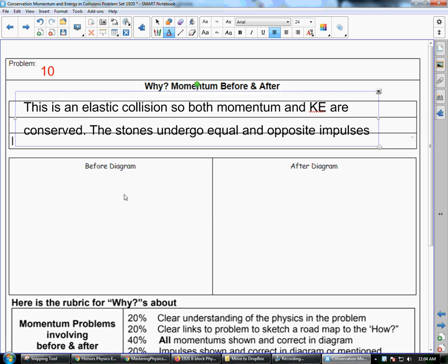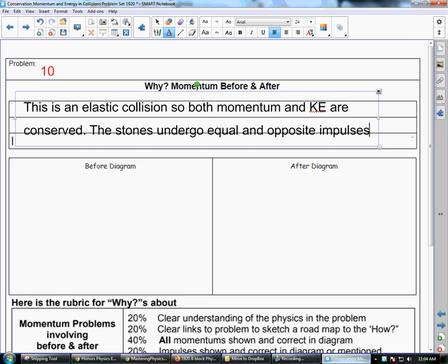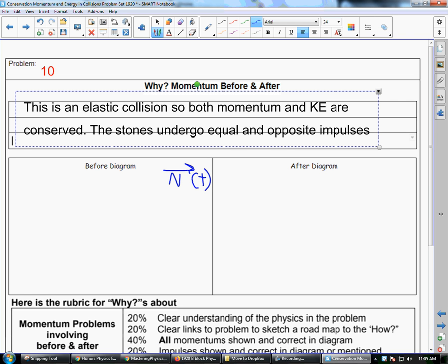All right. So beforehand, how did we name these? Stone 1, stone 2. Okay. Everyone okay if we take to the right to be north? That's not going to freak anybody out? Okay. So I'm actually going to make that little note in my diagram that that direction is north, and I'm going to call that direction positive.